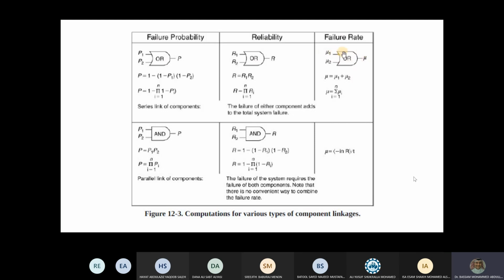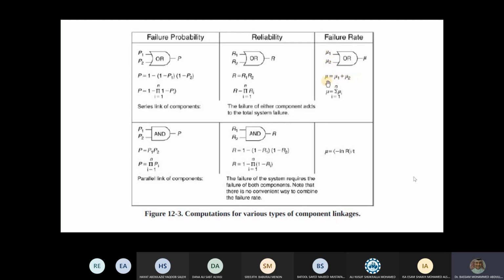If I have two failure rates, this could fail, and that could fail as well. For example, you have two valves redundant to each other, so it could be this or that. Since we have this failure rate, if you have something redundant, actually you're going to add them.